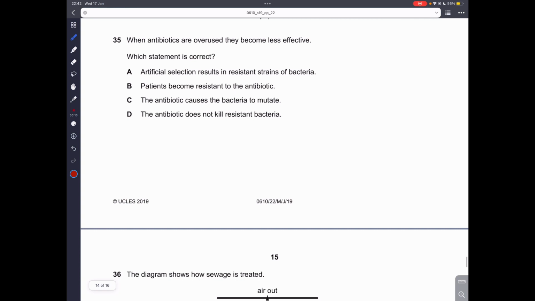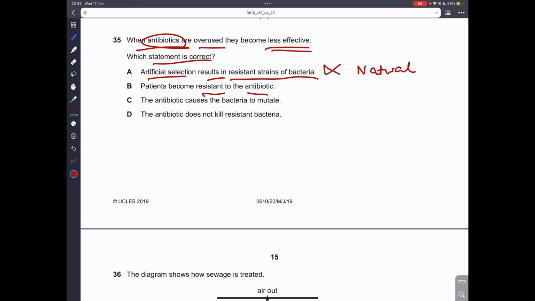Question 35. When antibiotics are overused, they become less effective. Which statement is correct? Well, artificial selection results in resistant strains of bacteria. Now this is wrong. It's actually natural selection resulting in resistant strains of bacteria. Patients become resistant to the antibiotic.